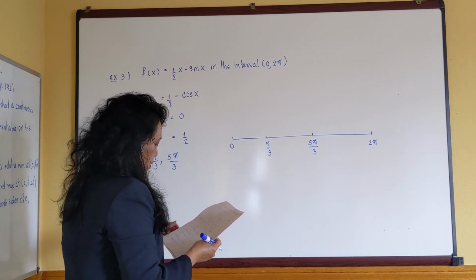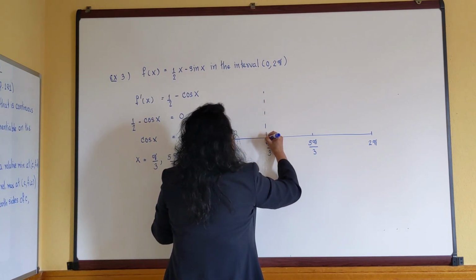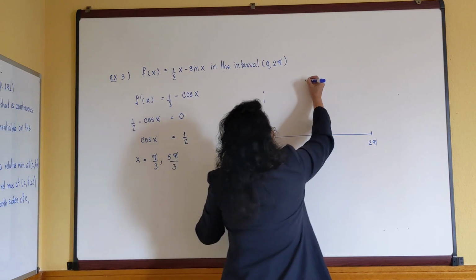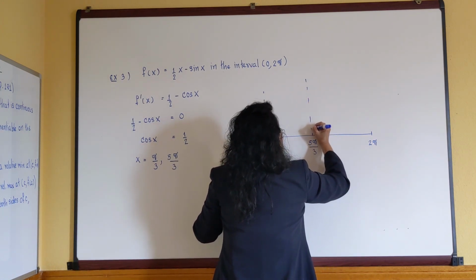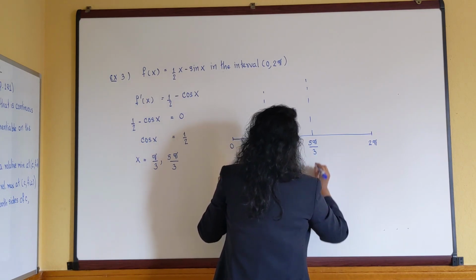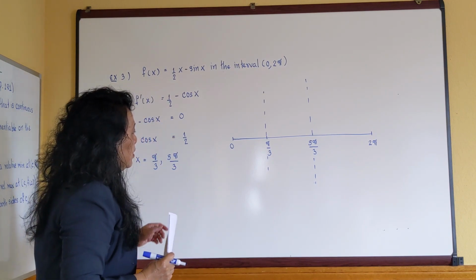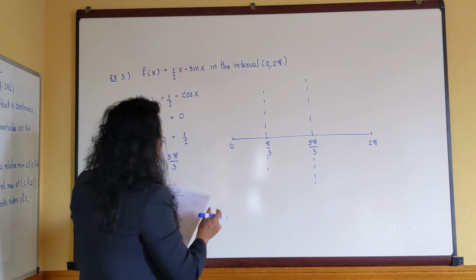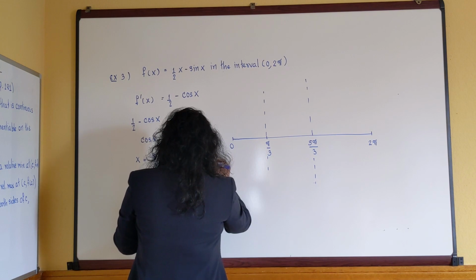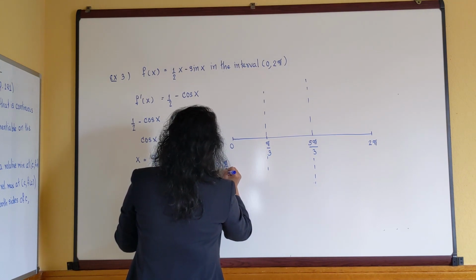So you have one region here, second region is over here, and then the third region. Alright, so look at the first interval here. This is the interval between 0 and pi over 3.